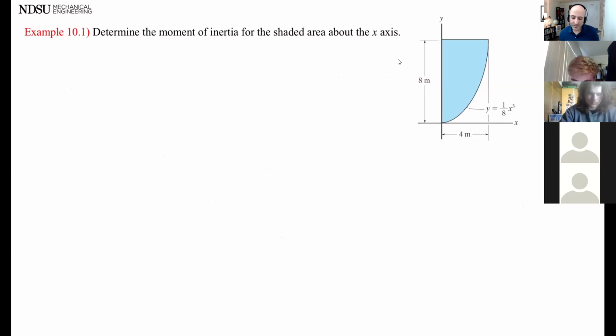In problems like this, I'm going to start this one, but we're going to finish it. Moment of inertia of the shaded area about the x-axis means Ix, the integral of y² dA.